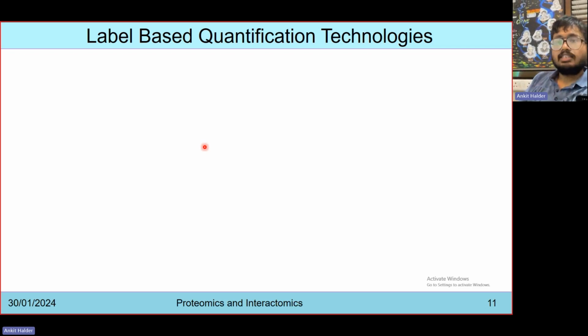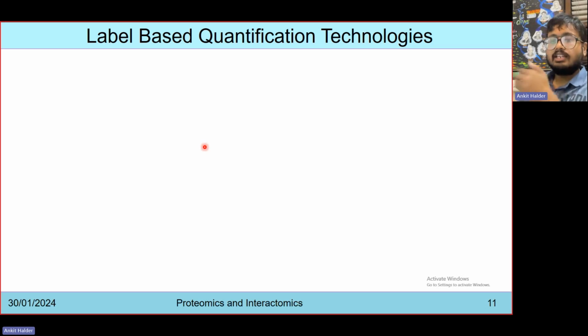Similarly, in the gel based approach, if you recall, we spoke about 2D DIGE, which gave the quantitative edge. We always need quantification, because simply identifying any particular protein won't be useful unless we know what is expressing more.